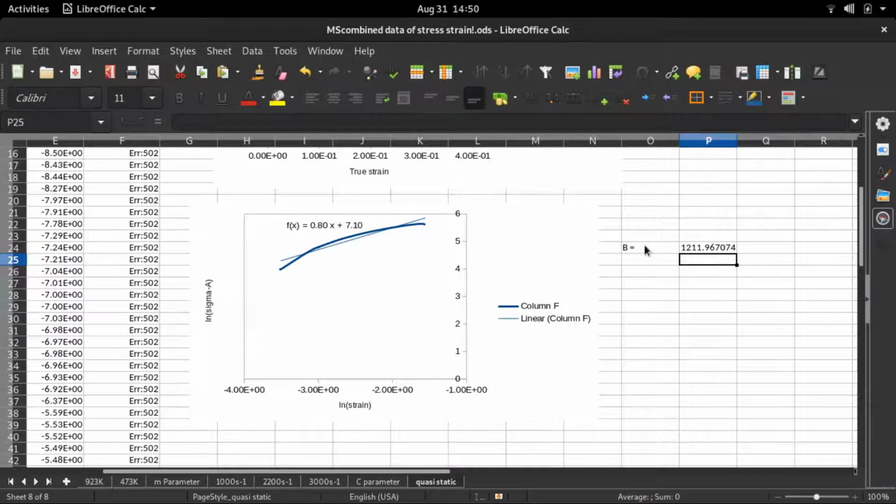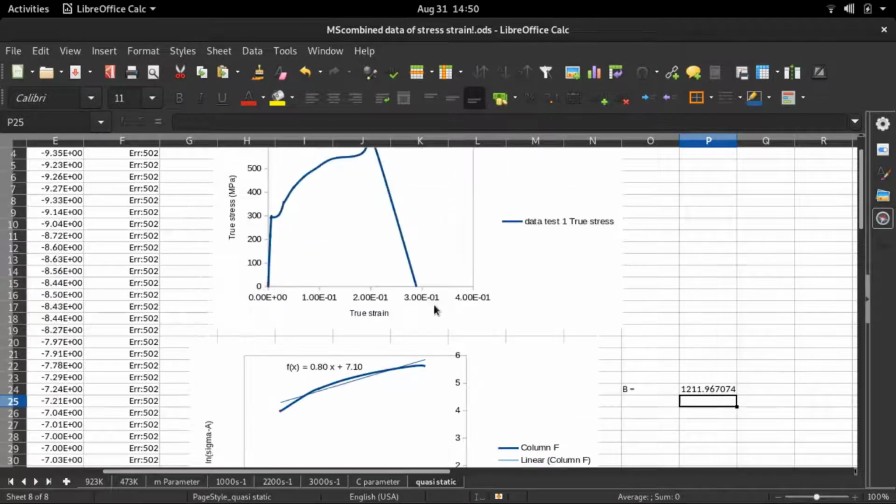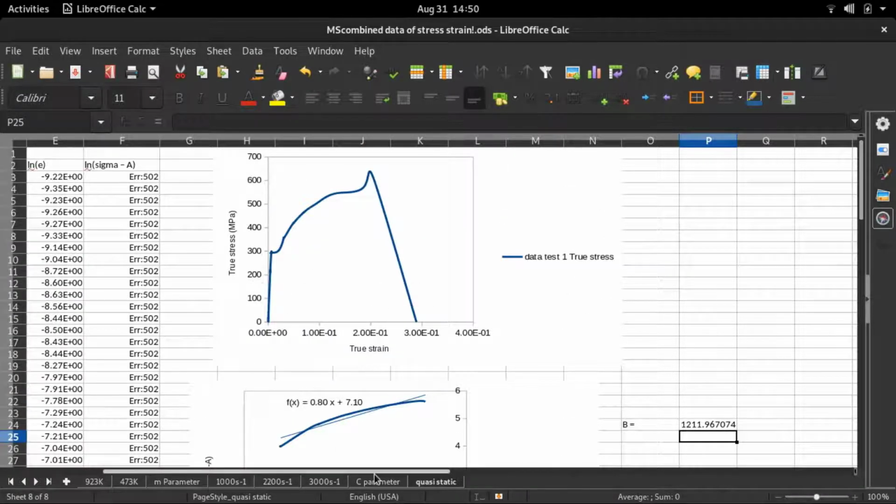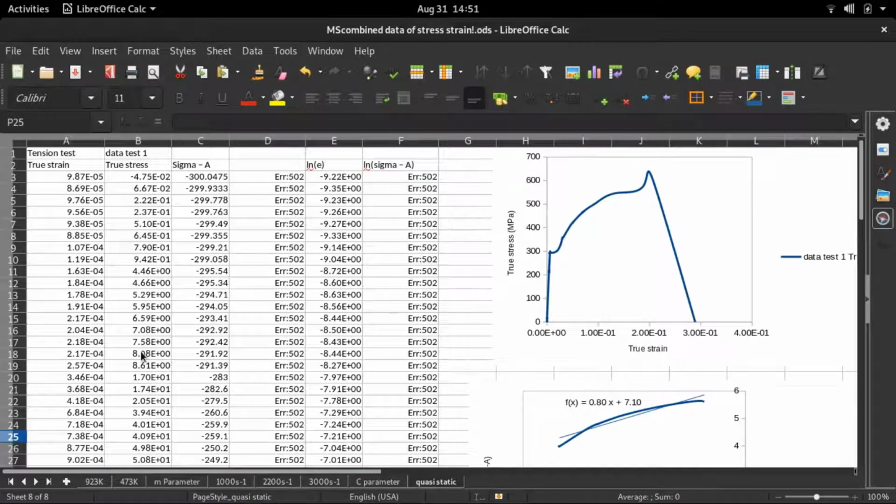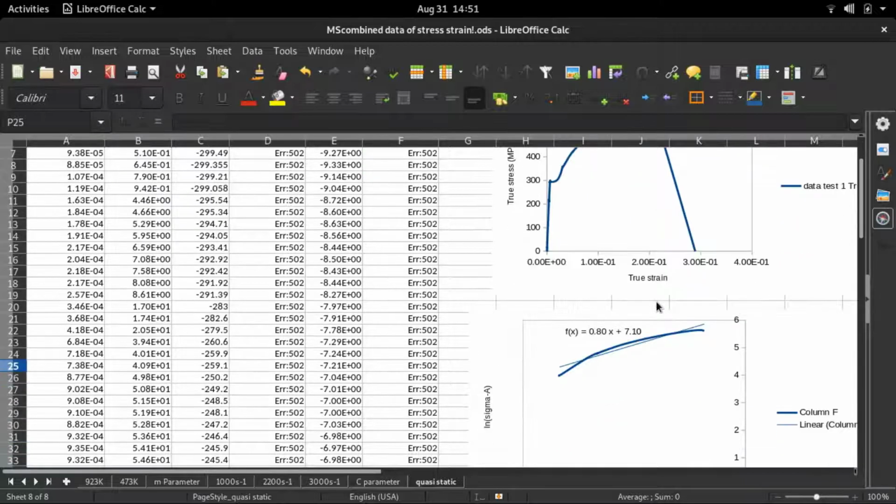What is n? What is b? B is the strain hardening constant and n is the strain hardening coefficient. So you can find them through this graph. Okay, I can repeat once again. You find these data points by using a UTM machine, and then you make the graph like this. From that you can find the A point, which is the yield stress, and then you have to find the B point.